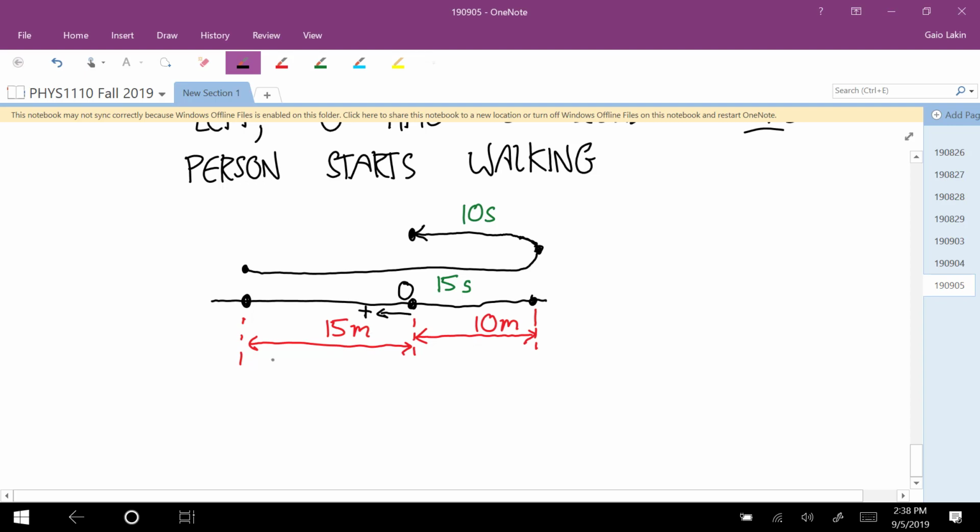If you start at zero and go 15 meters in the positive direction, what's the position at the house? Positive 15. And if you start at zero and go 10 meters in the negative direction, what's the position there? Negative 10, yep.